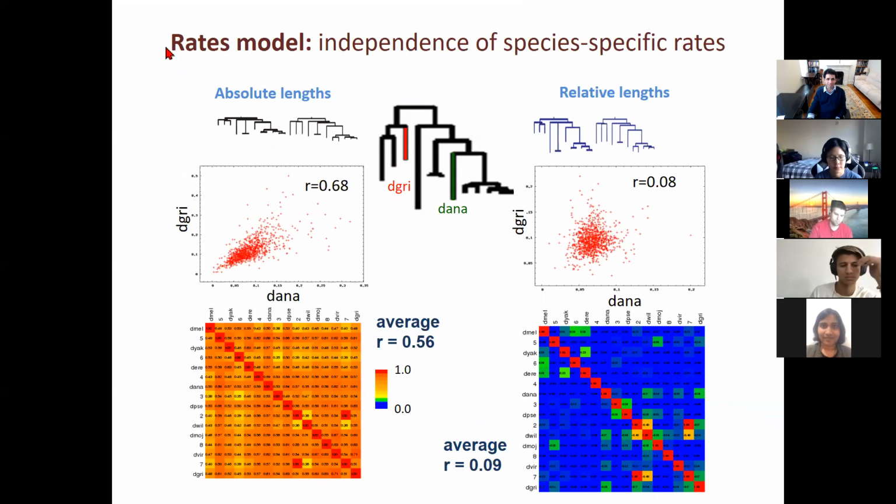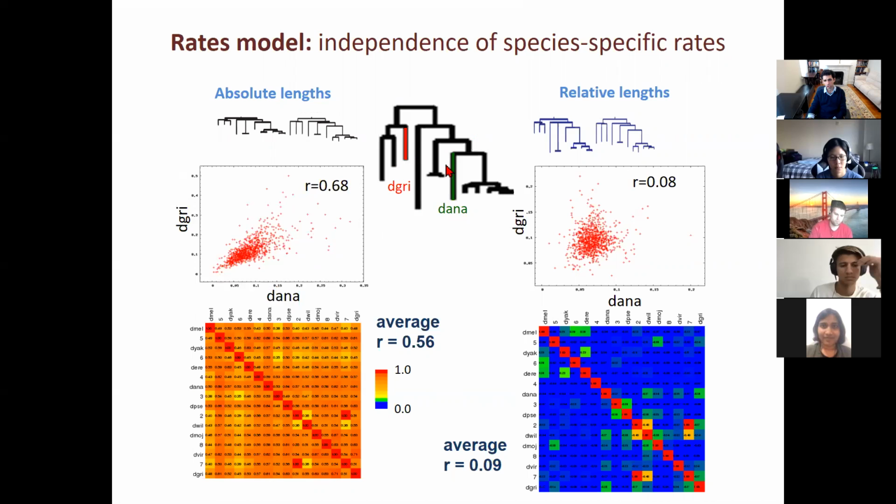So what we're going to be developing is this rates model of an independent species-specific rate, which is scaled by a gene-specific rate. So we can look at the absolute lengths of any pair of species. For example, Drosophila ananassae and Drosophila grimshawi, which are quite far away in this tree, and ask across 5,000 trees, what is the length of the ananassae branch and what is the length of the grimshawi branch?